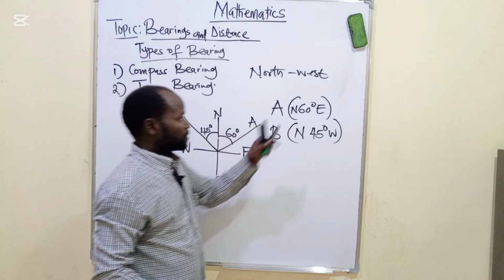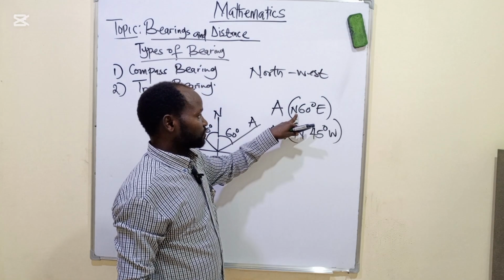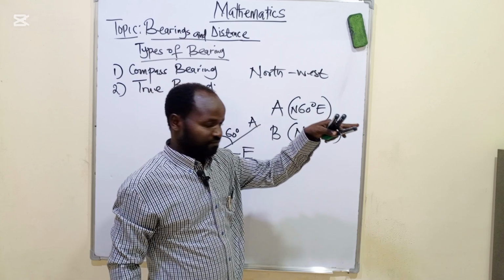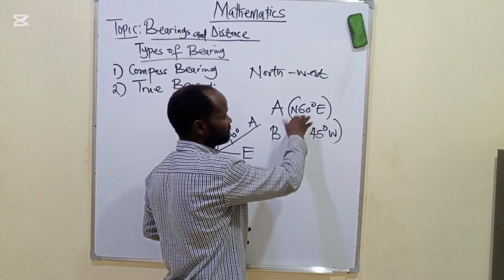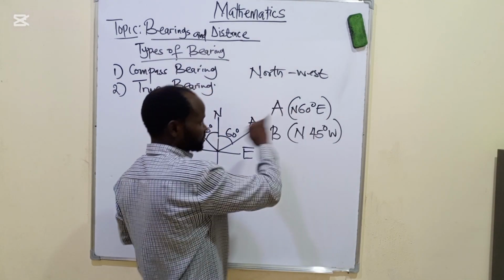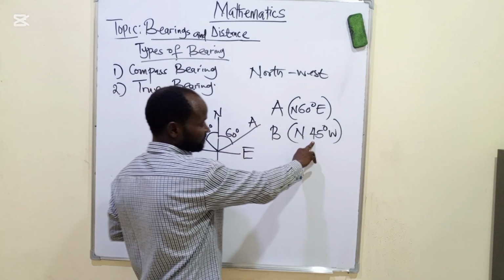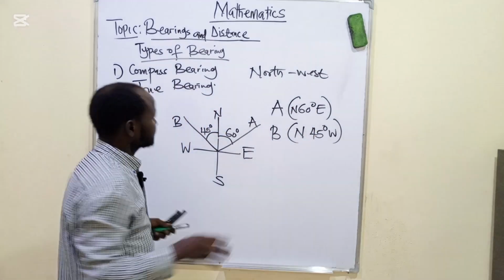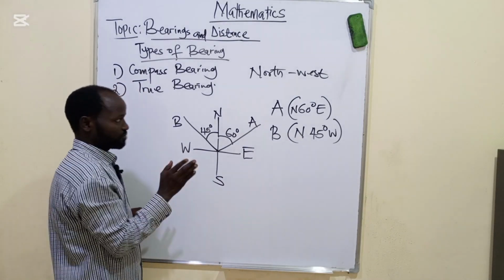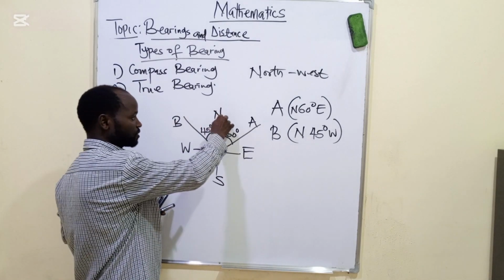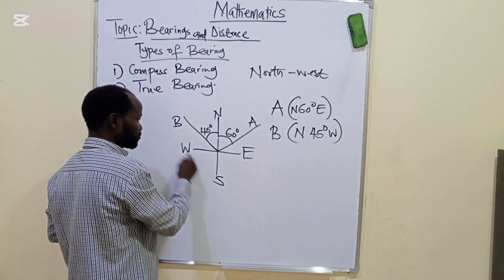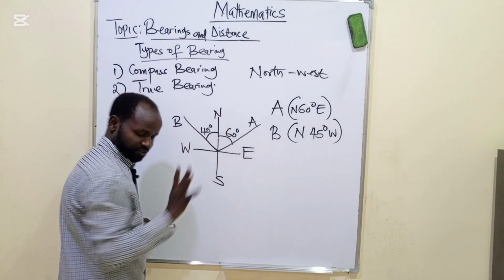It means you move from the north, you move 60 degree northeast. That's what this means. Move 45 degree northwest. And again, under this compass bearing, care must be taken. We have only northeast, southeast, southwest, and northwest.